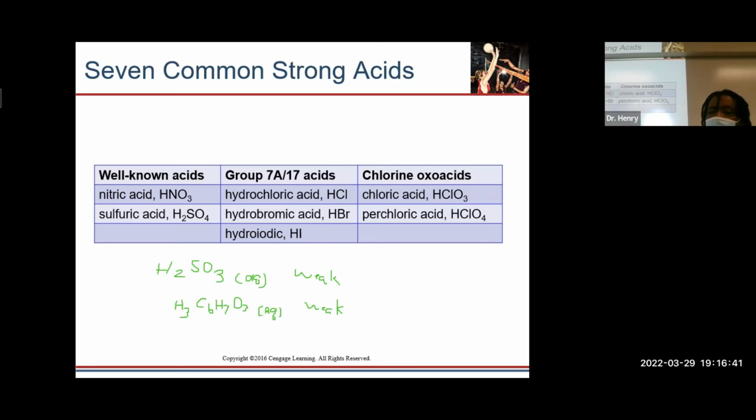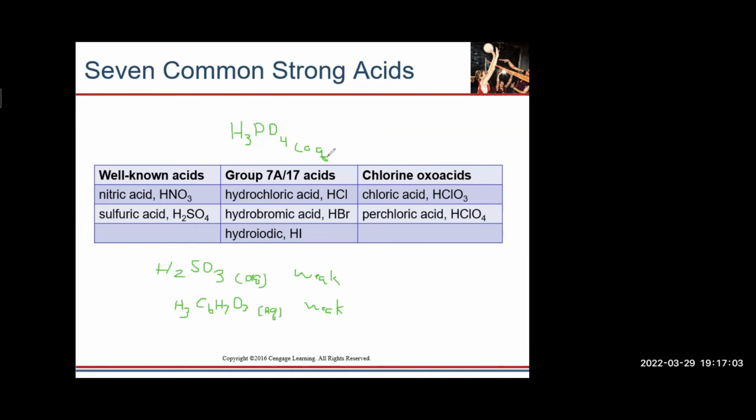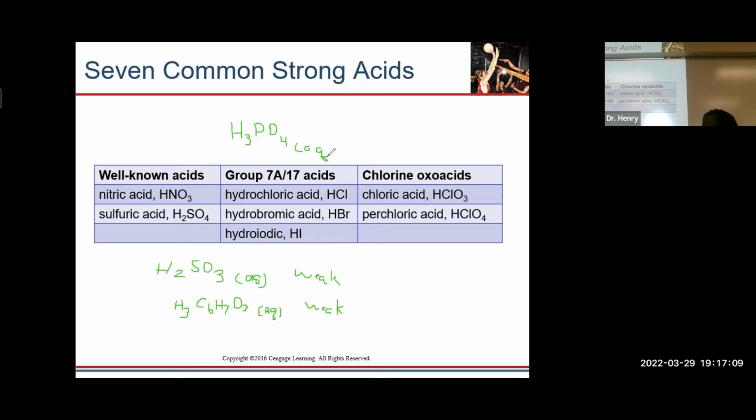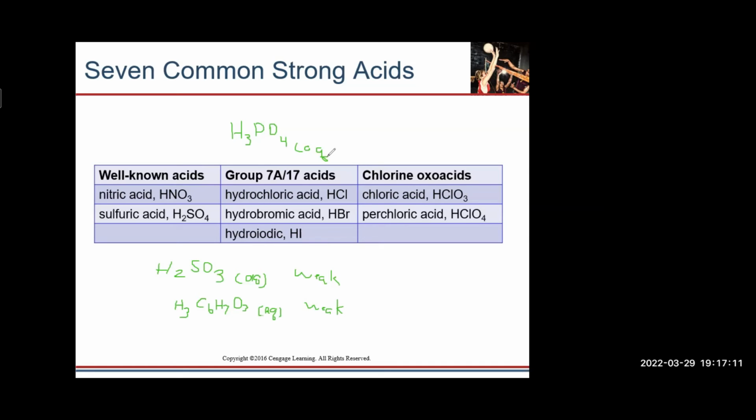If we have this acid, do you expect it to be a strong acid or a weak acid? What would be the name? Phosphoric acid?